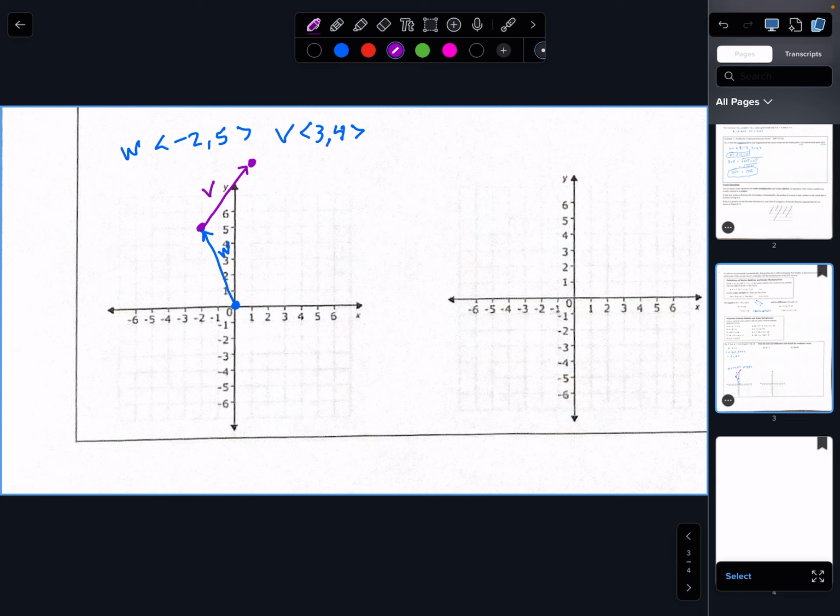The sum of those is called the resultant vector, the result of adding those two vectors. The resultant vector is from the very initial point to where the last terminal point was. That is your resultant vector.